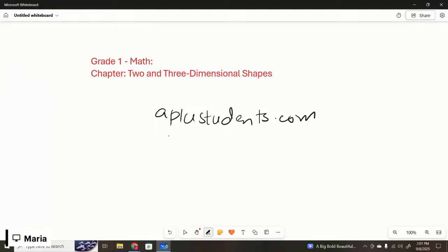Then you have to select math from the subject tab, scroll down to grade 1 math, and then click on view all lessons. There you can find the list of the chapters. We're going to start with chapter 2, 3-dimensional shapes.